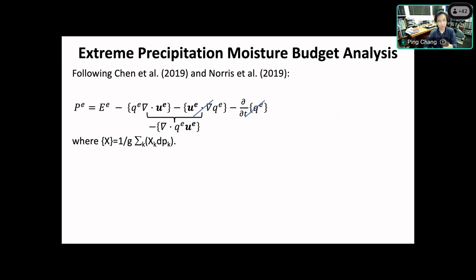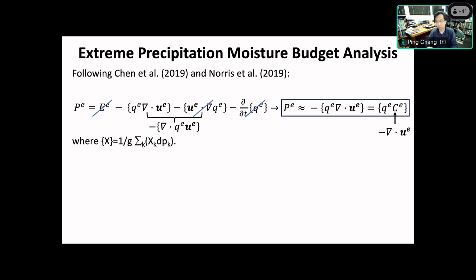So if you read these two papers, it turns out that for the extreme precipitation, there's a very substantial cancellation between the moisture advection and the tendency term. And evaporation turns out to be a very small contribution. So therefore, the extreme precipitation is approximately given by this flow convergence driven moisture convergence, right?